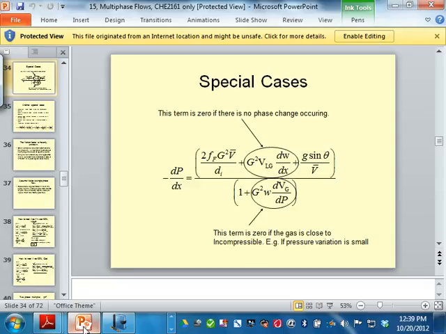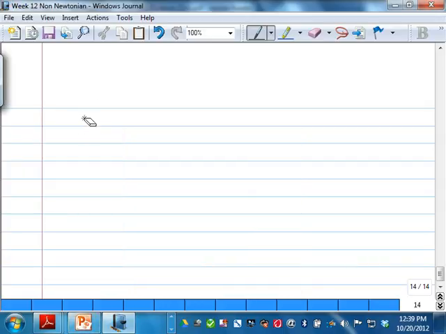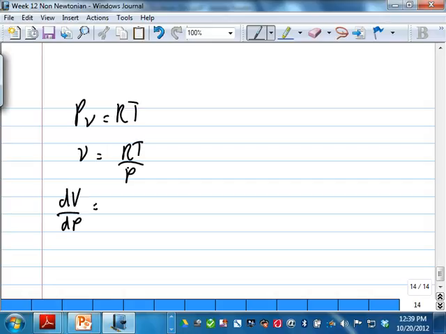Normally PV equals RT, so V equals RT over P. dV/dP is equal to, what is it if we differentiate this with respect to P? 1 over P differentiated with respect to P is what? Minus RT over P squared.